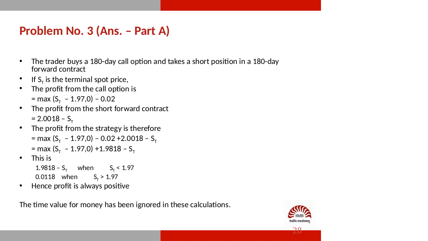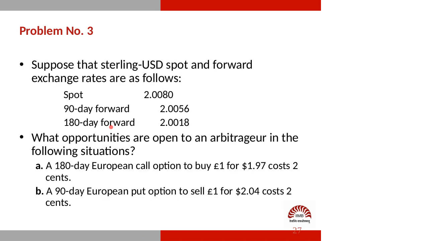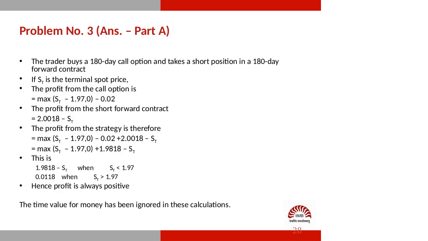What is the profit from the short forward contract? Remember the 180-day forward price is 2.0018. So you have the right to sell it at 2.0018 minus ST. That becomes your profit, because if ST is less than that, that is where you're making the profit. So the profit from the strategy is just adding all of it up. If you add all of it up, what do you get?